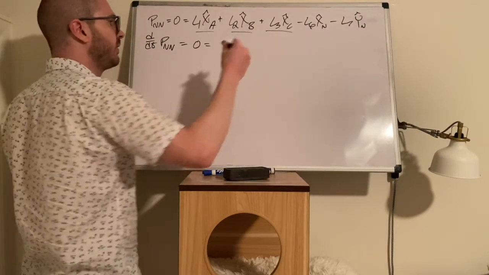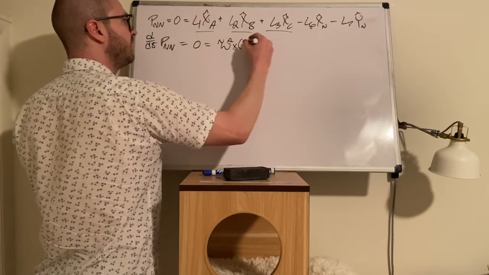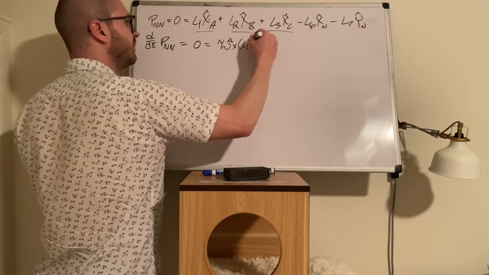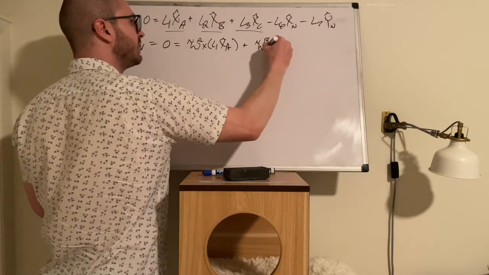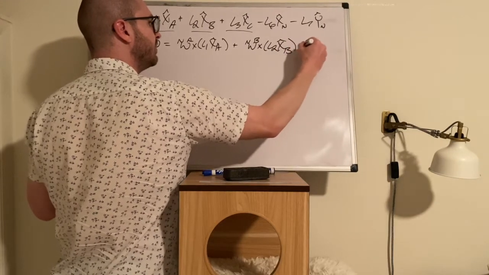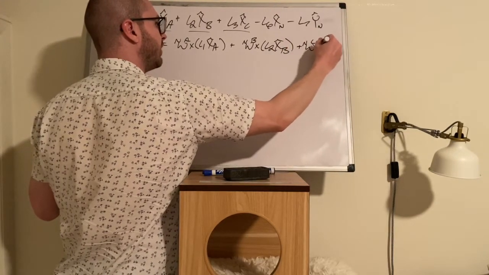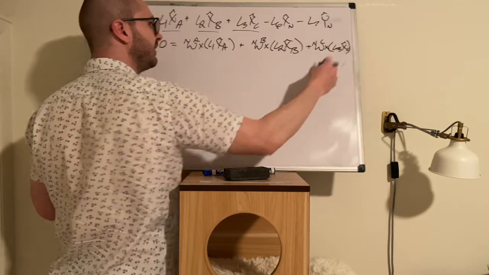Let's write this down. Omega N to A cross L1 x at A plus omega N to B cross L2 x at B and then plus omega N to C cross L3 x at C. Okay.